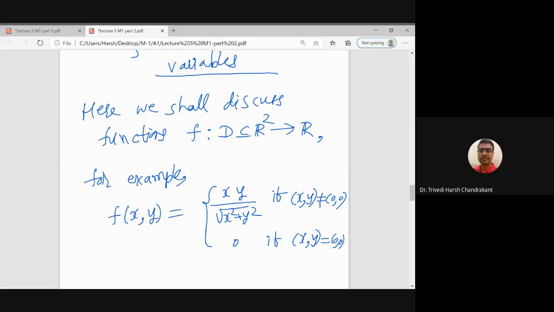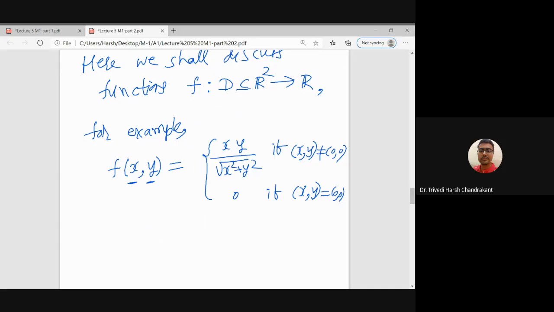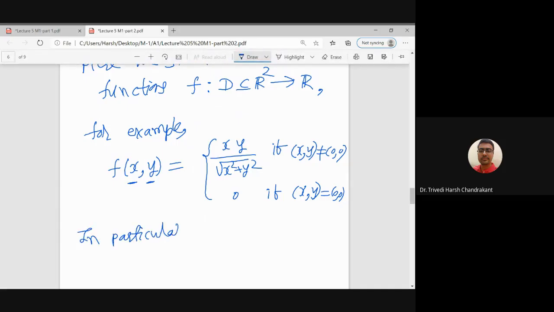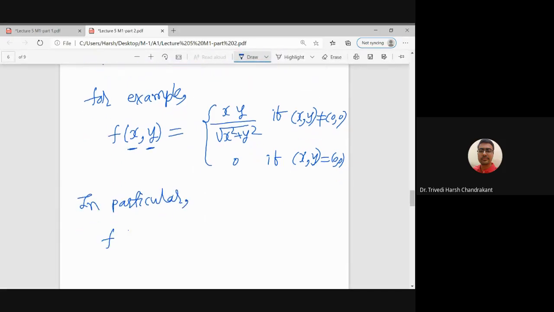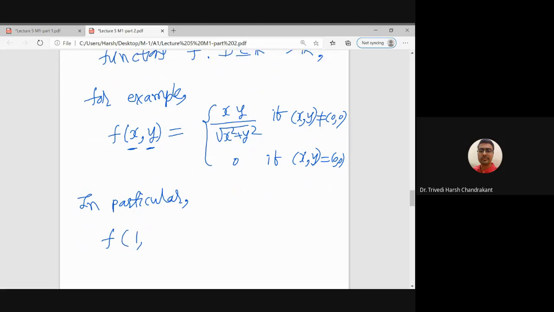So here you can see that the function is defined on two variables. So in particular, what will be the value of f at 1 comma 0? This 1 comma 0 is not equal to 0 0, so it comes here.